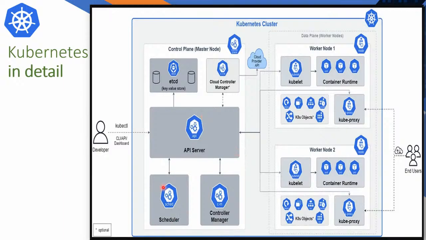Every piece of information should come and get stored over here, and the API server will access that information. This information is nothing but the health of the entire orchestra or cluster, each and every pod. Now we come to the worker node. What we learned about the master node is that it controls the entire orchestration.